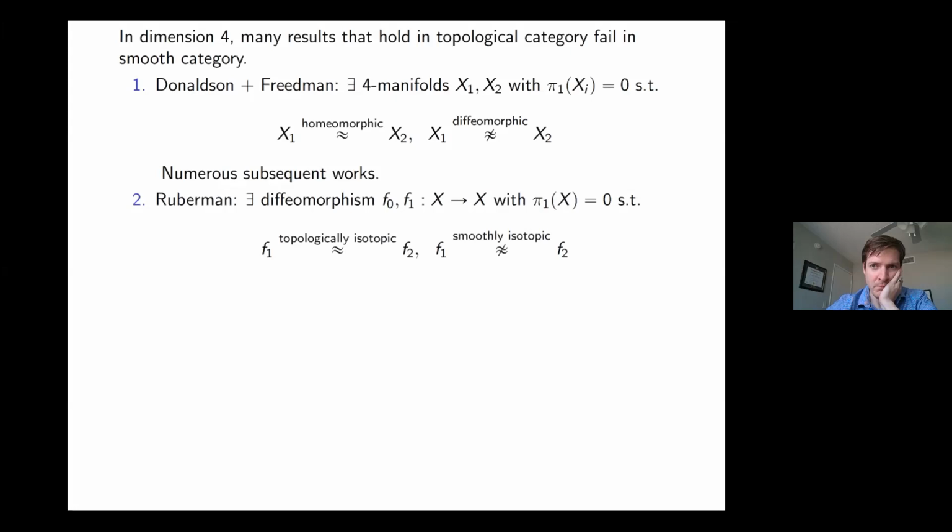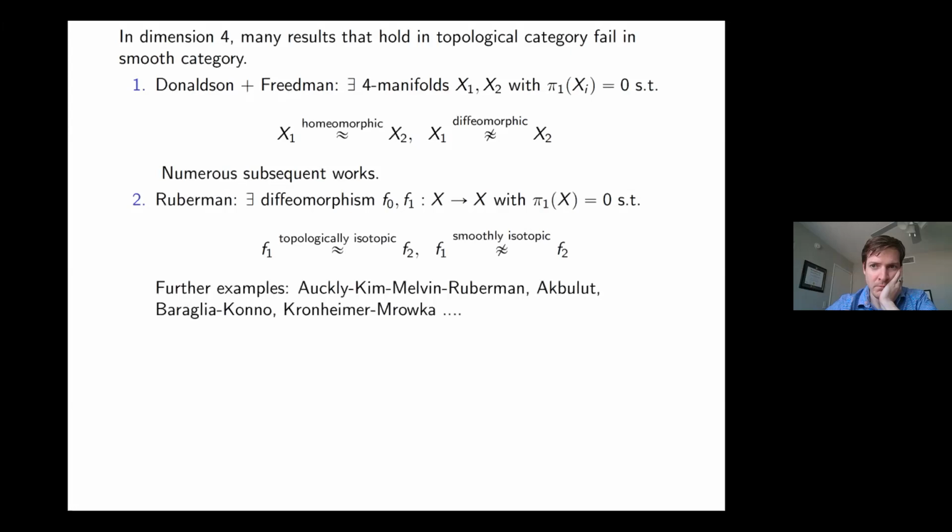Again, this shows that in this diffeomorphism isotopy problem, the smooth category is quite different from the topological category. Further examples are given by Baraglia, Konno, Krannich, Kupers, and many other people. Forgive me if I did not list all the names.